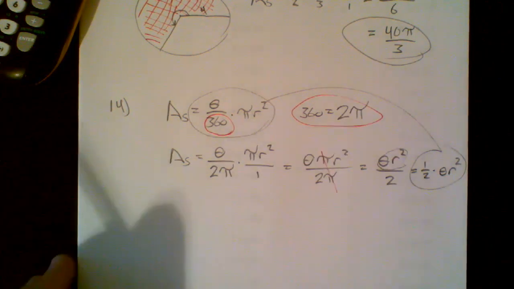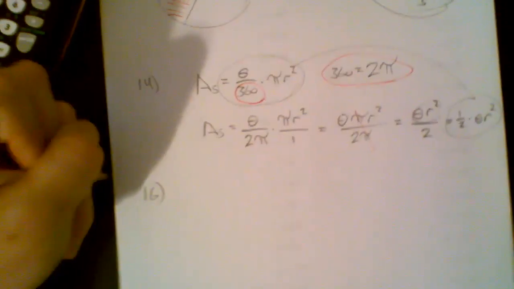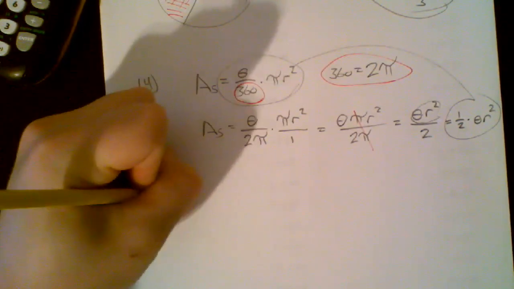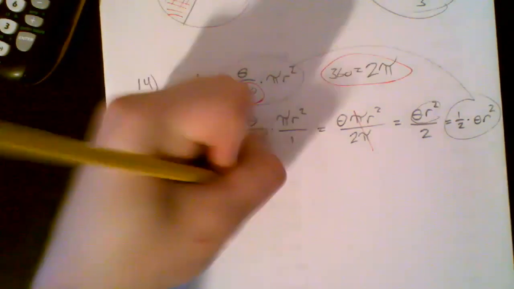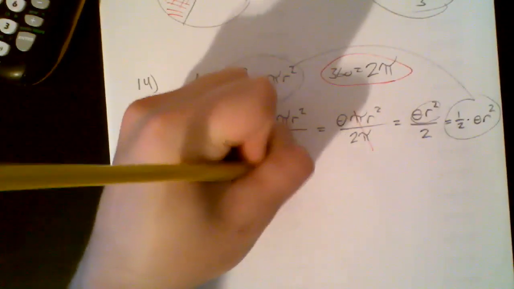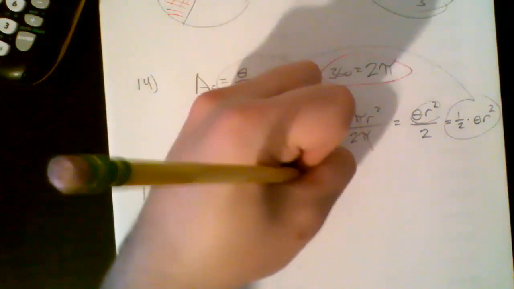All right, number 16, here we go. Number 16 says the area of the sector is equal to 6 pi, and the central angle is pi over 3. Let's plug in what we know. We're looking for the radius again.